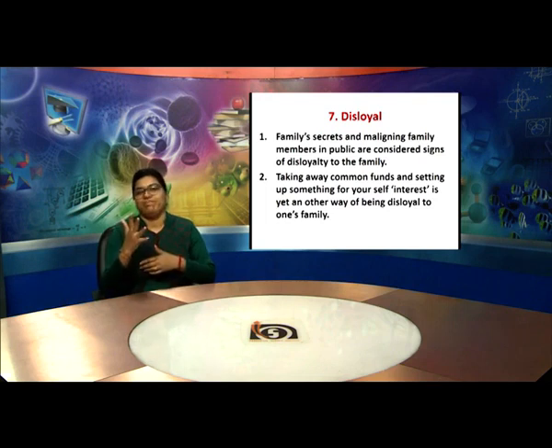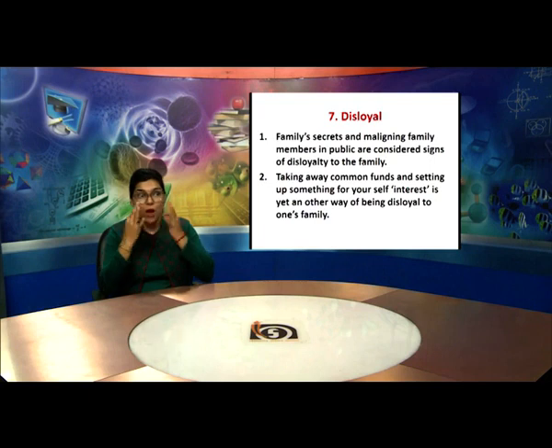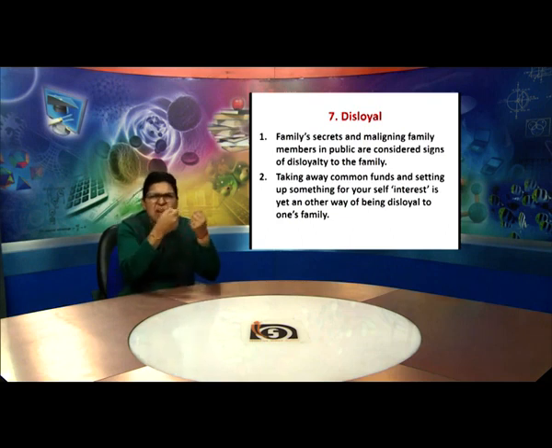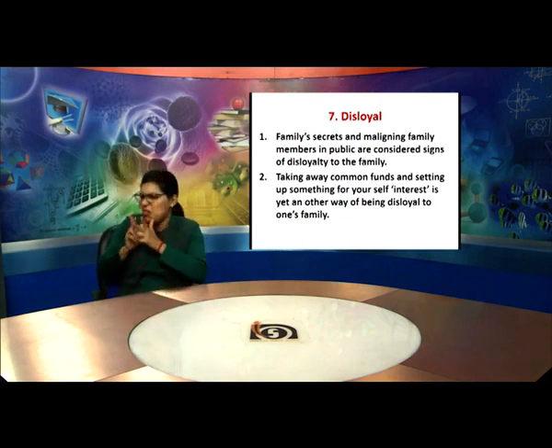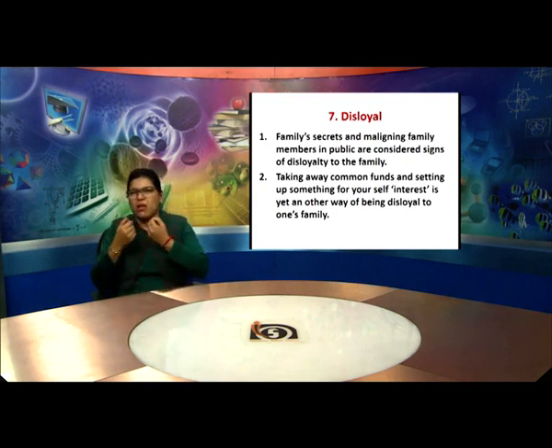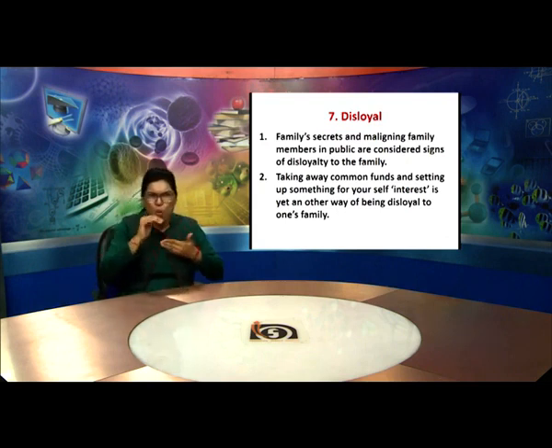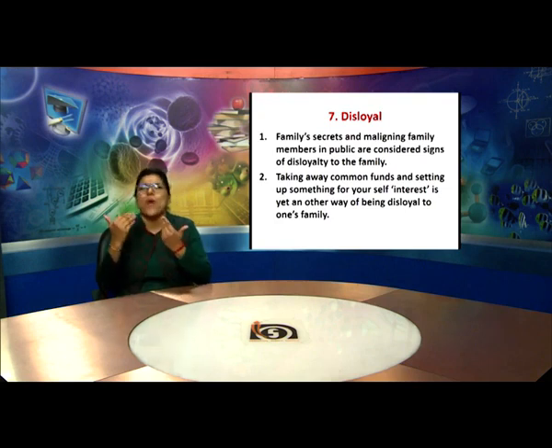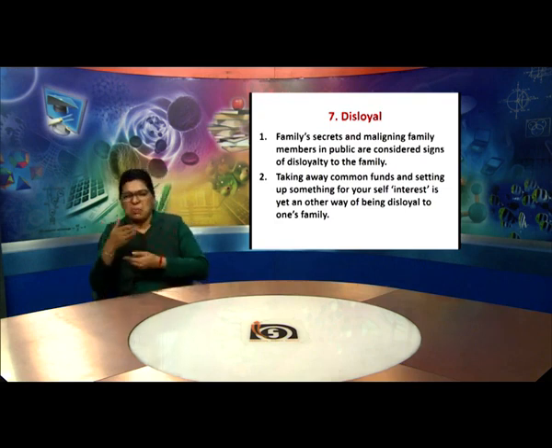Seventh point explains about being disloyal. Point 1 explains that in a family sometimes there are secrets, and if we malign our family members in public, then it is considered a sign of disloyalty to the family.